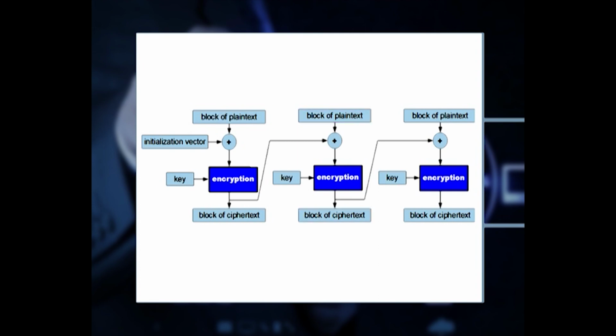This output block, which is the second ciphertext block, is exclusive ORed with the next plaintext block to form the next input block. Each successive plaintext block is exclusive ORed with the previous output cipher text block to produce the new input block. The forward cipher function is applied to each input block to produce the ciphertext block.